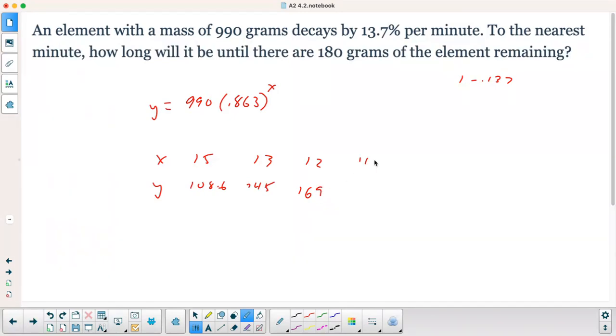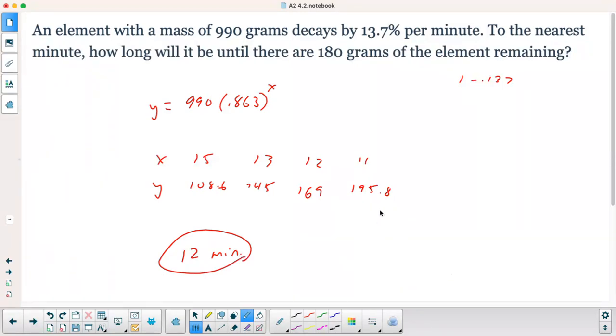I'll try the 11th just to see. The 11th was not below 180. It was 195.8. So after 12, the answer is 12 minutes.